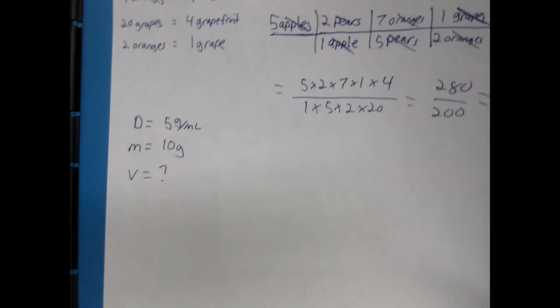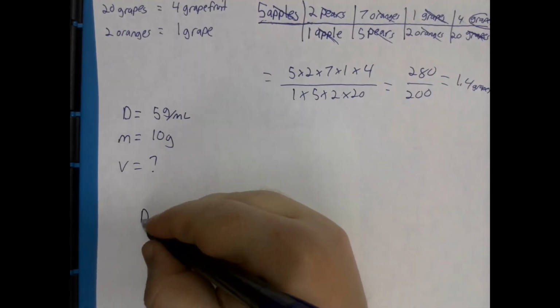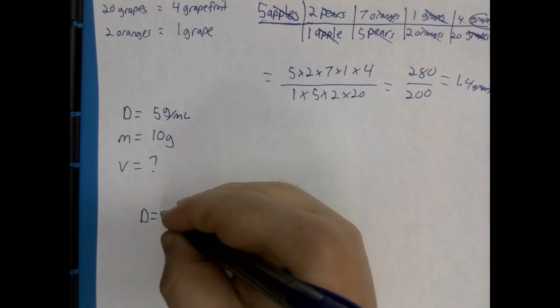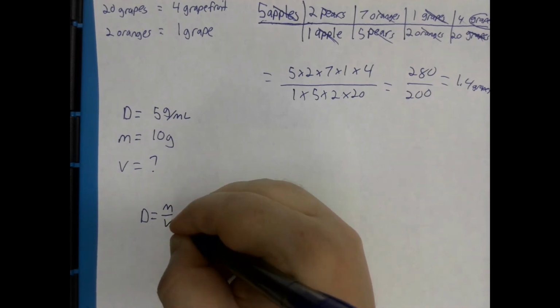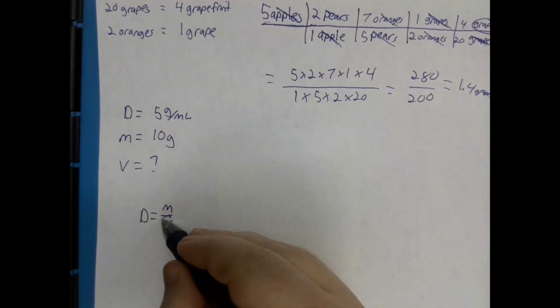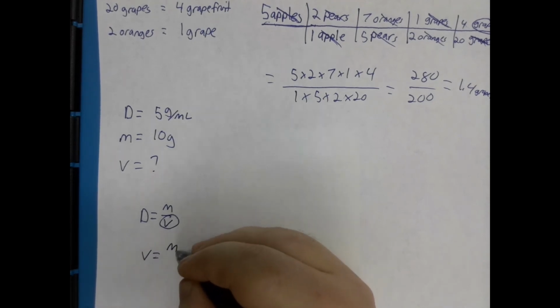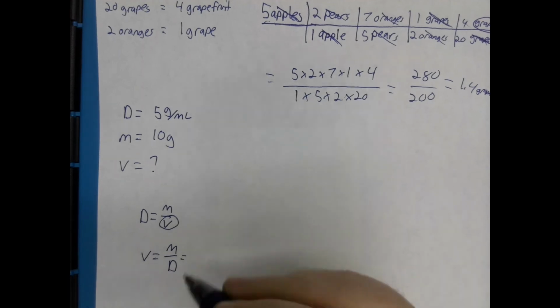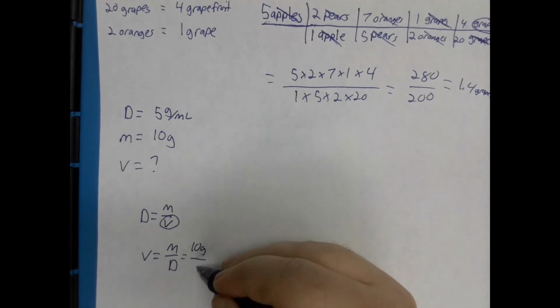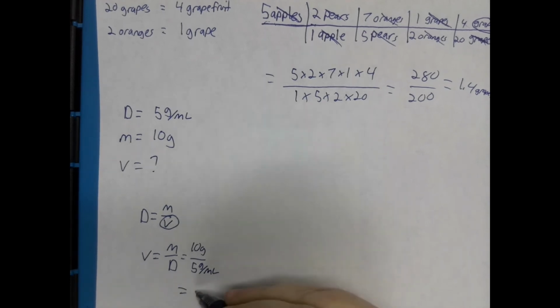Now what you can do is you can look and do the algebra. Density is equal to mass divided by volume. Solving for volume, volume would be equal to mass divided by density. So I put in 10 grams divided by 5 grams per milliliter, and I get an answer of 2 milliliters.